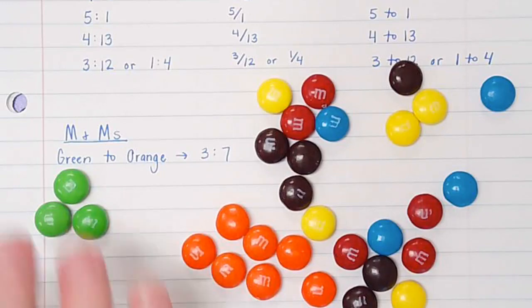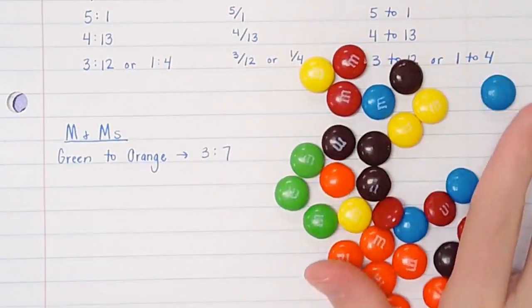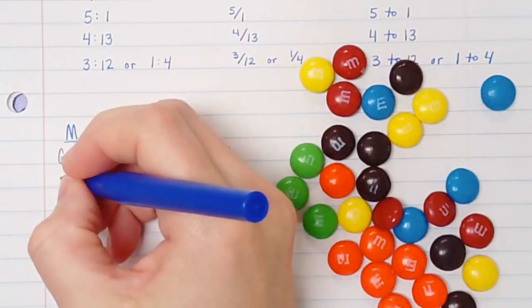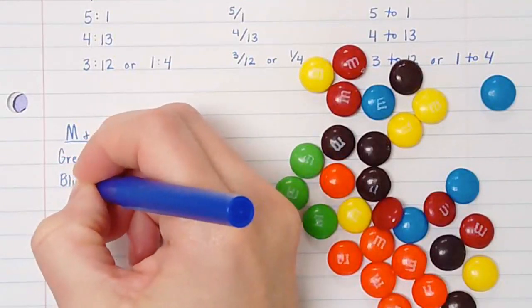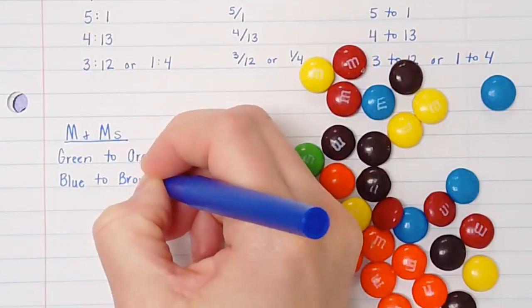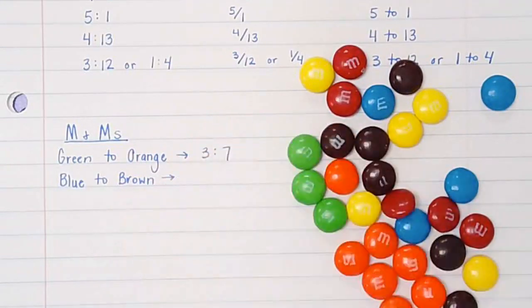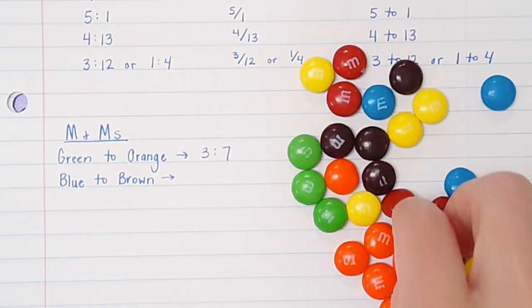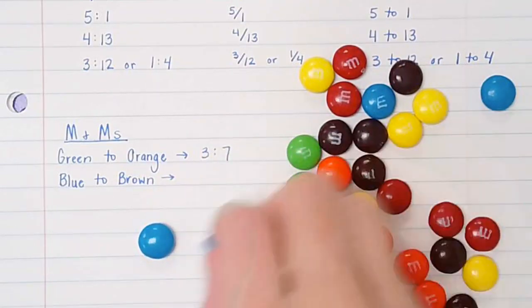Let's do another one. Let's do blue to brown. They asked for blue first, so I have to do the blues first. 1, 2, 3, 4 blues.